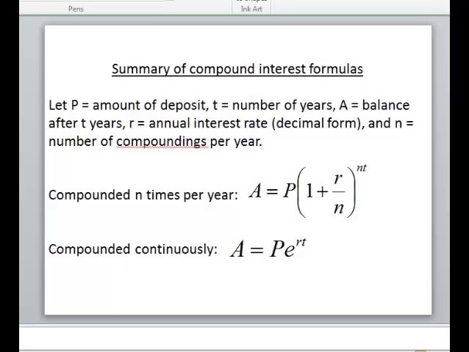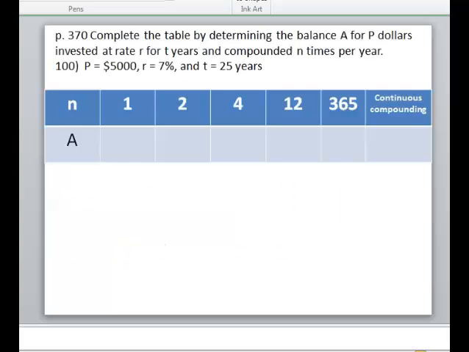So that one uses an e. So you can see the difference between the two. What we're going to do is use both of those, and fill out a couple charts. Now, I will show you how to do a little bit of this with the calculator, but overall, I'll let you see if you can come up with numbers using your calculators after we go through a couple of these. I'll write in the answers, and then you could check them on your own. And if you have any problems, you'll need to ask me during class to make sure that you're okay.